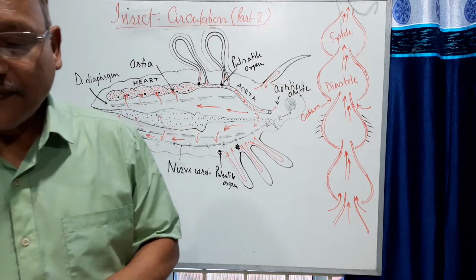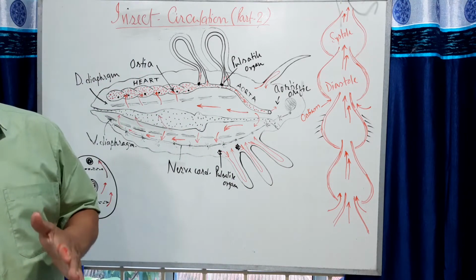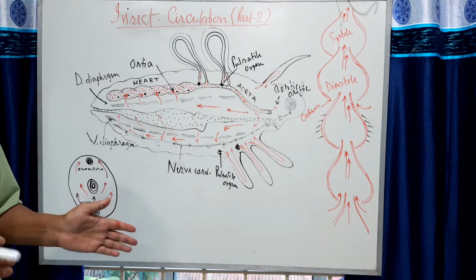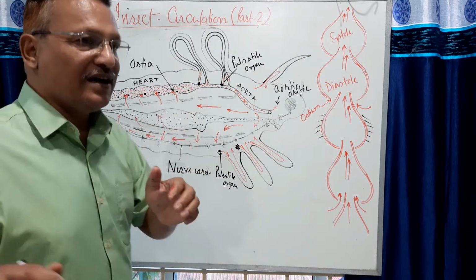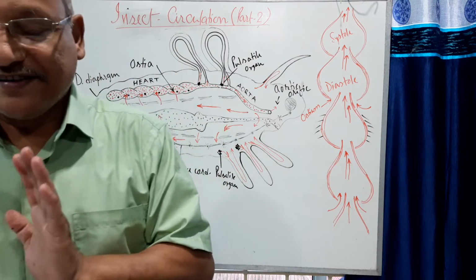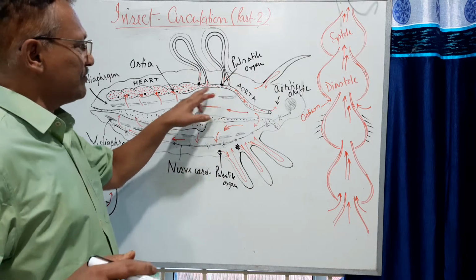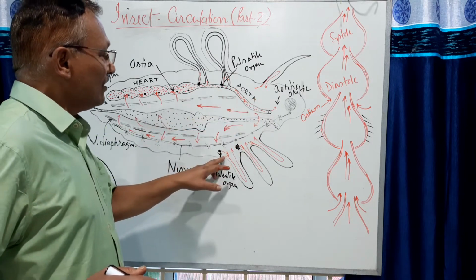So the segmental abdominal vessels and ventral diaphragm and pulsatile organs are situated at the base of the segmental appendages. These pulsatile organs are situated at the base of the wing, antenna, or leg also.